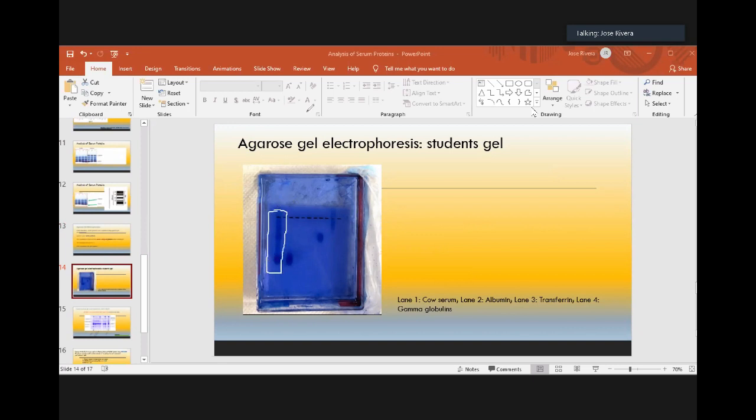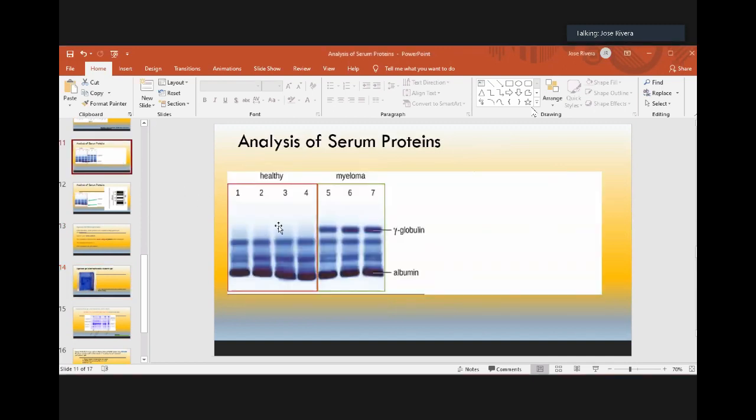Okay, so what can you see here if you look at this gel, which is what the students ran, compared to the one I showed you before? What can you tell about the difference? The previous one is in a clinical setting; this is what the gel looks like.